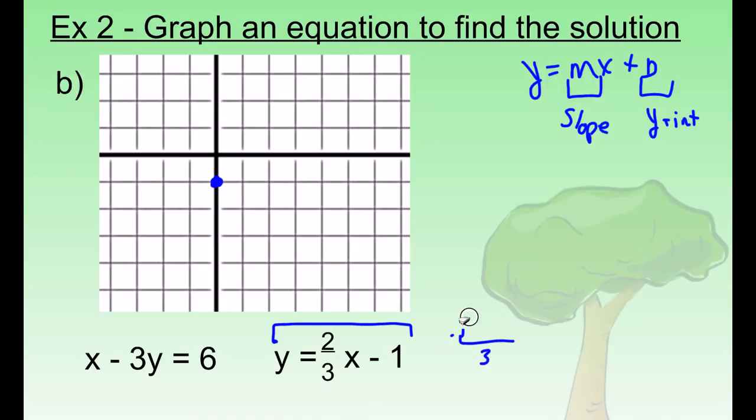So I'm going to go up 2 over 3, up 2 over 3. And I'm out of space this way, so I'm going to continue the pattern in reverse down here, down 2 over 3 the other way. Do you see how it still makes a nice straight line? It's in line with all the other ones. So that is my line.